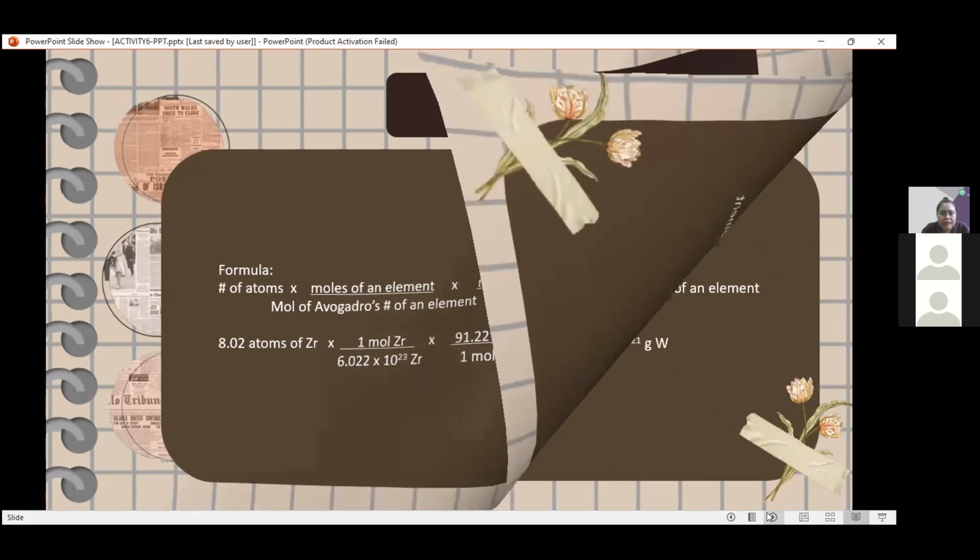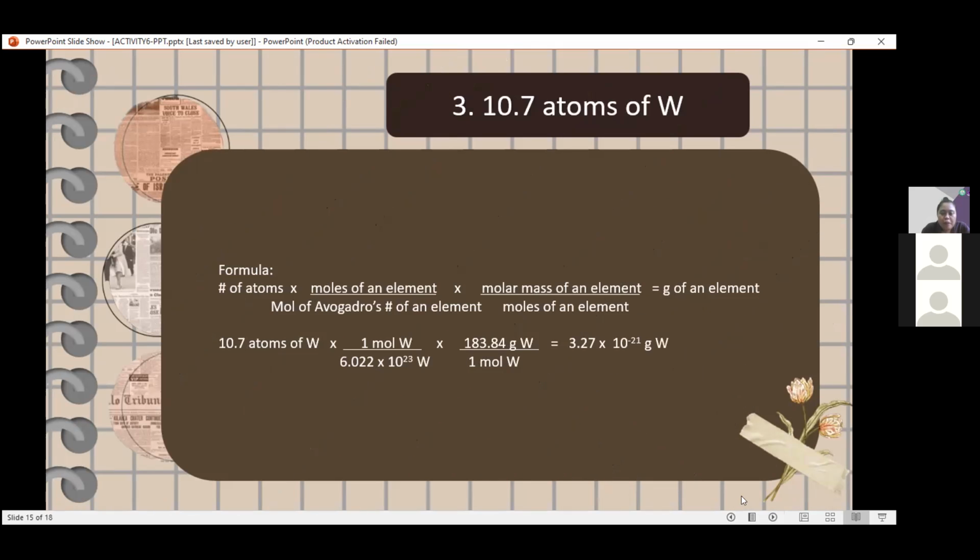So this one again is correct. And then let's have number 3. Number 3 is 10.7 atoms times 1. This is tungsten. Tungsten is 184.